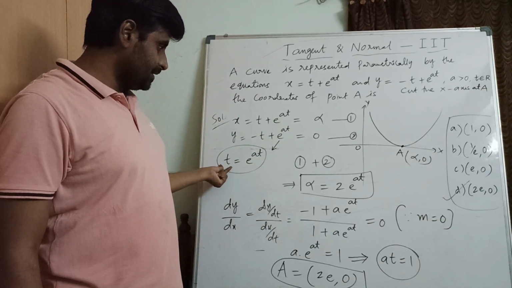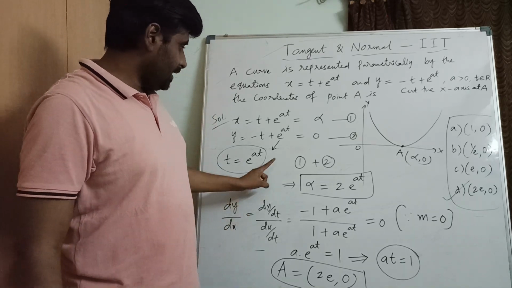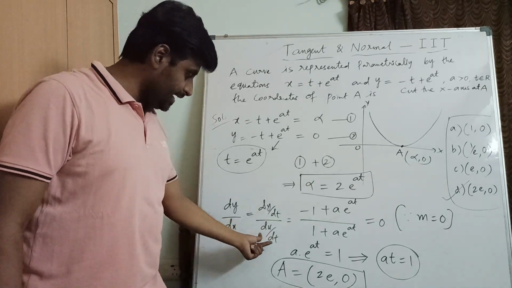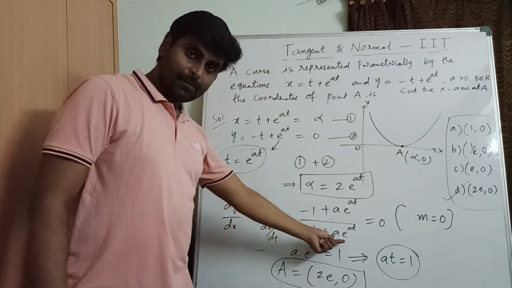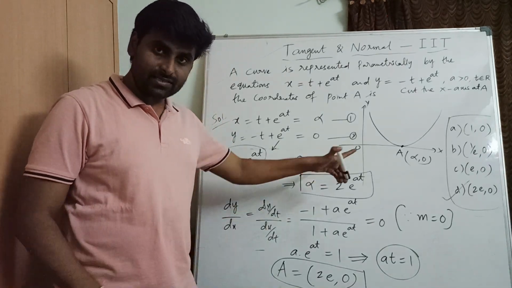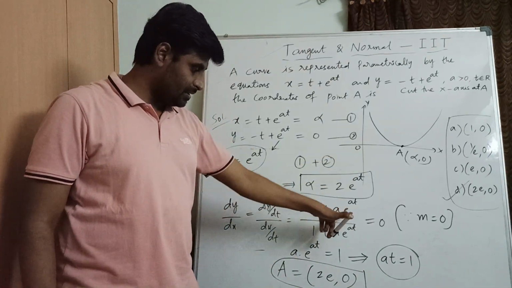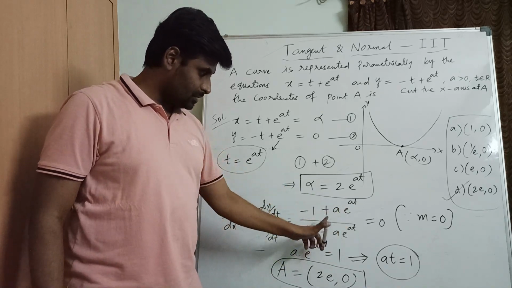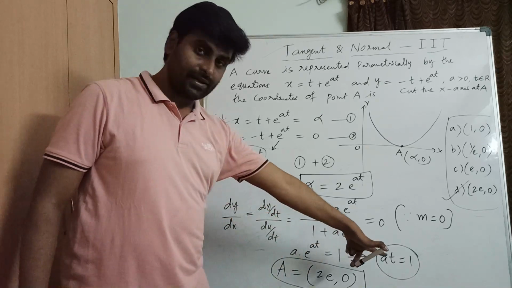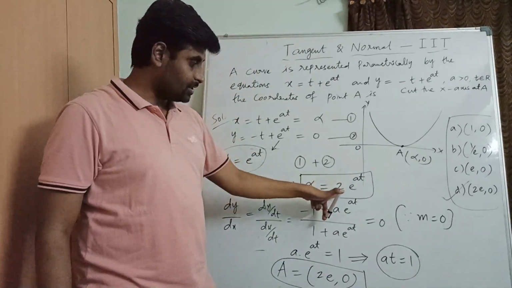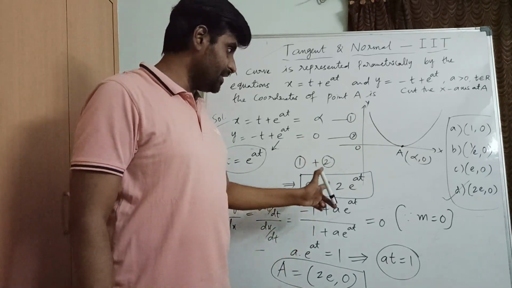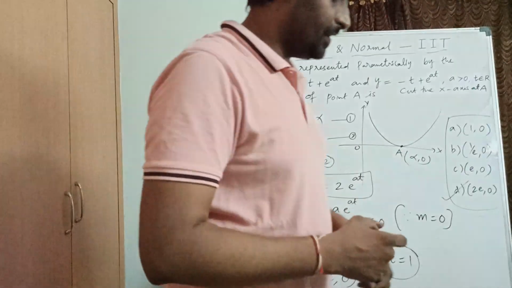Anyway, we derive the parametric form dy by dt by dx by dt, but the slope is 0 since the tangent is the x-axis. So the numerator becomes 0, and equating to 0, at equals 1. So 2e comma 0 will be the required point. Clear? Pause the video, make a note of it.